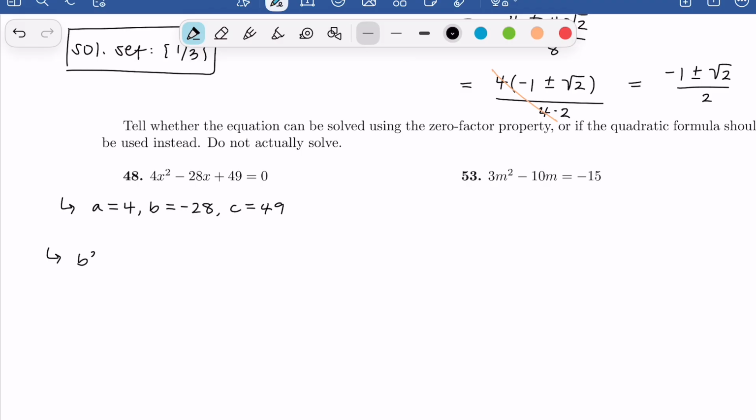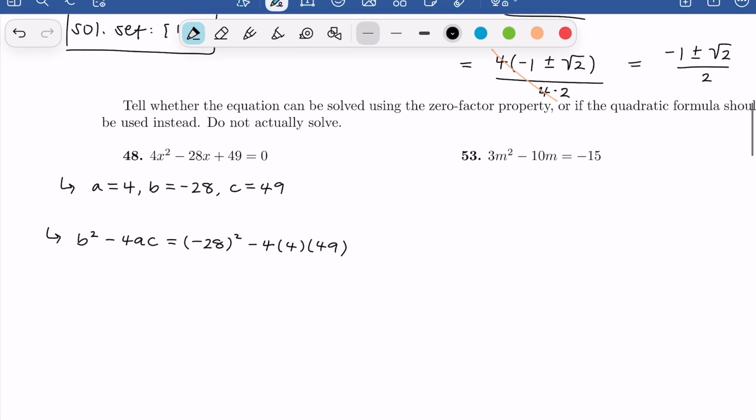Our discriminant is the value, again, underneath our radical in our quadratic equation, so that's b squared minus 4 times a times c. So we're going to plug in our values. We're going to end up with negative 28 squared minus 4 times a times c. All right, let's simplify this.